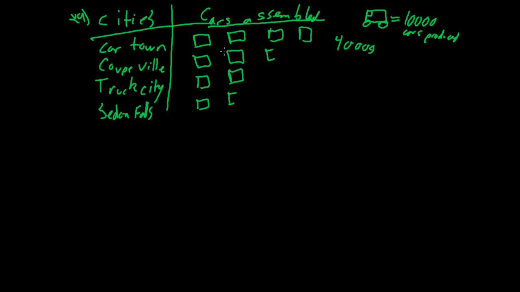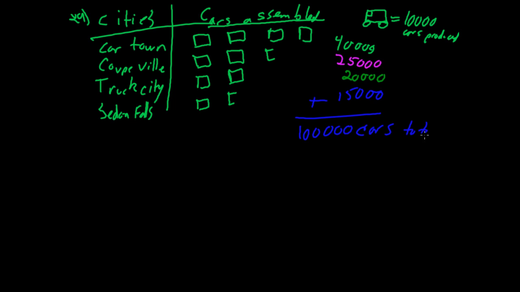Coupeville made 10,000, 20,000, 25,000, because that half box counts as 5,000 cars. Truck City made 20,000 cars, and Sedan Falls made 15,000 cars. And if we add this up, we will get 100,000 cars produced total.